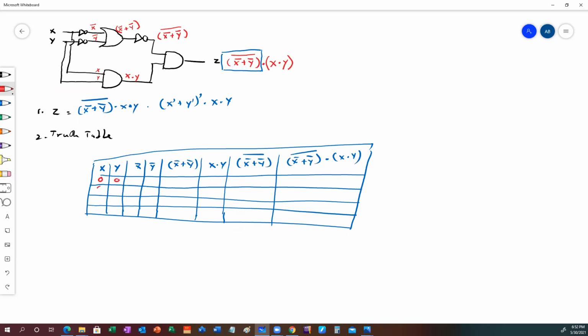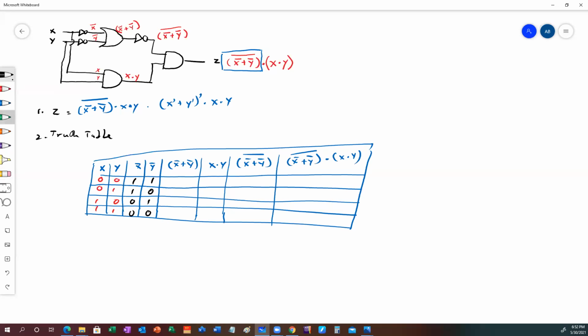0 0, 0 1, 1 0, 1 1. Here you get X bar. X bar means, let's have a different color, 1 1 0 0. Then Y bar is 1 0 1 0.